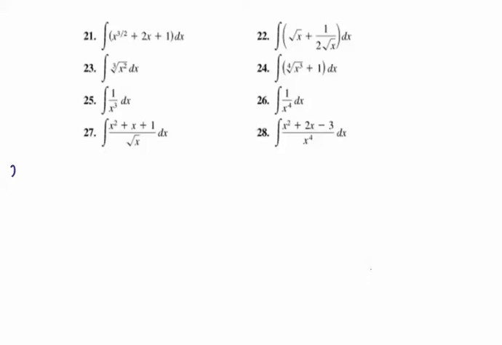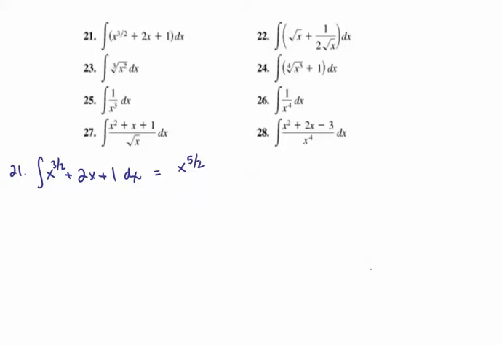So number 21, we have the integral of x to the 3/2 plus 2x plus 1. Remember that 1 really means 1x to the 0 power. So we'll do each term individually. X to the 3/2, add 1 to the exponent, is x to the 5/2.